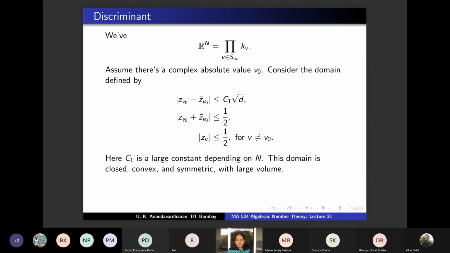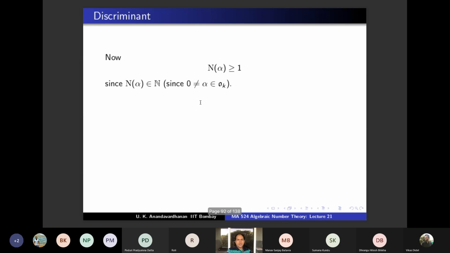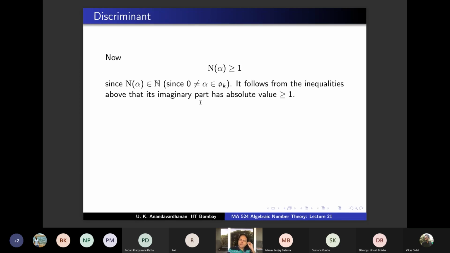And at this place, for the complex numbers, the real part is less than 1 by 4 actually, because this is twice the real part, and the imaginary part can be bigger. If the imaginary part is small, then you will get the norm to be small, but the norm is at least 1, and therefore you can conclude that the imaginary part is bigger than 1.